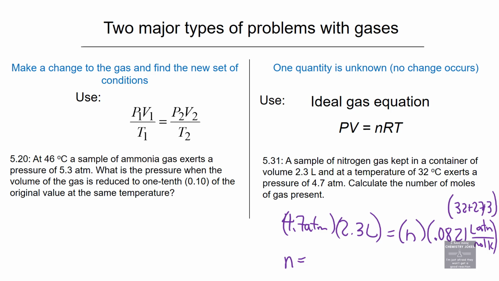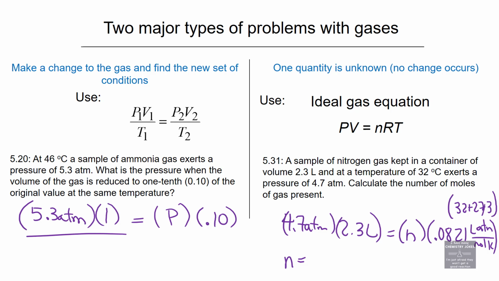So plug in all your known values. 5.3 atmospheres times some unknown volume. We're going to say it's 1 because our next volume is 1/10 of the original value. What's the pressure? And we know that it's at 46.